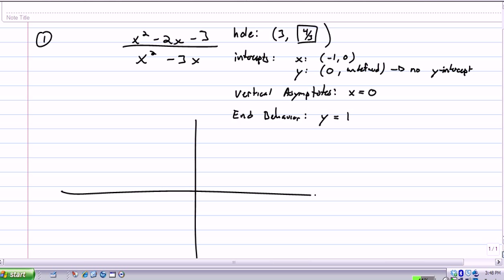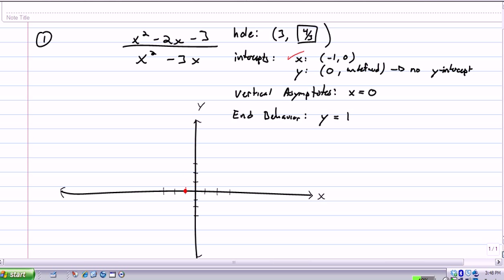Let's see, the intercepts. I've got an x-intercept at -1, 0. Put some marks on our coordinate plane. This is the x-axis, this is the y-axis. So an x-intercept at -1, 0.